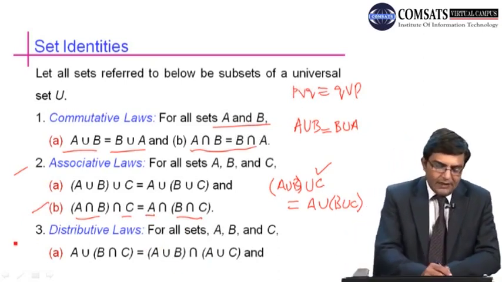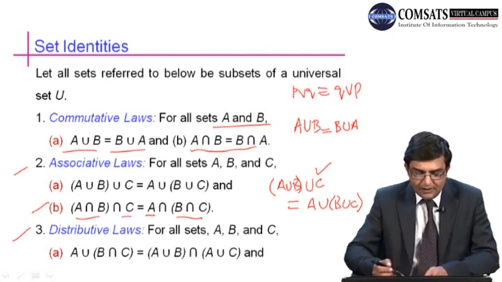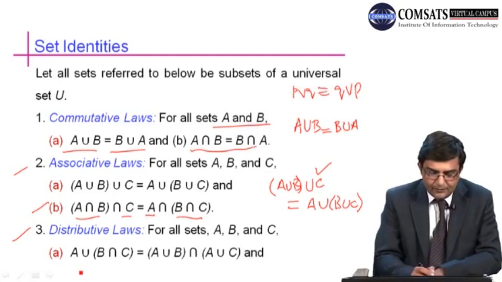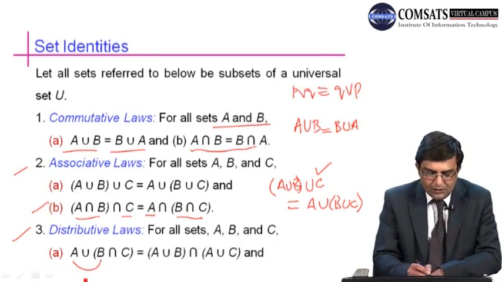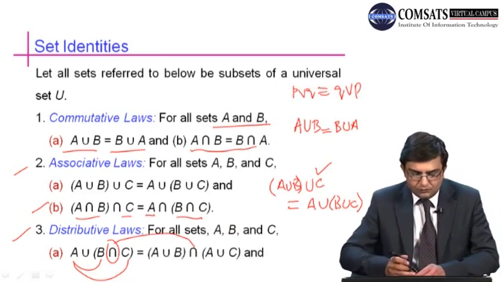Now the third property is the distributive law for sets. If we have three sets, A union (B intersection C), then this law states that this set is equal to (A union B) intersection (A union C), with the intersection in the middle. So this is the distributive law for sets.